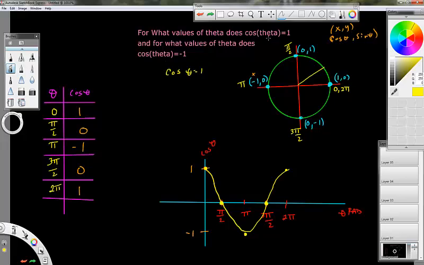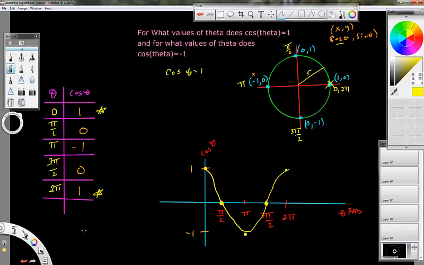But the values for theta that equal 1 would be this one, okay? And it would be this one, and I think you can see what's going to happen, hopefully. So if you have 0 and 2 pi, every time this radius r here of this unit circle spins around and strikes this point right here, that's going to give you a value of 1 for the x-axis, which is the cosine of theta.